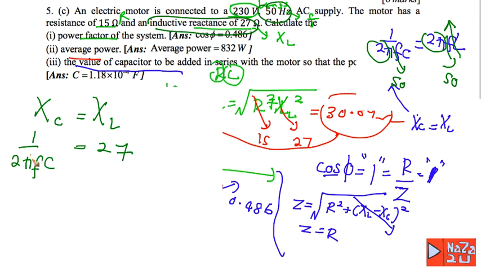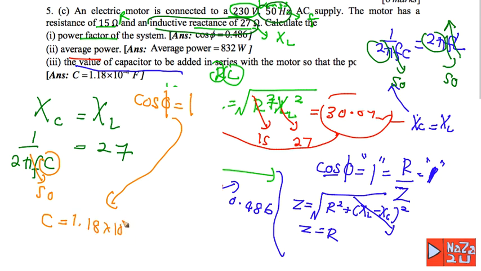Now you can use the frequency of 50 Hz and find the capacitance of the capacitor to be added in series so that the power factor is equal to 1. Using the equation, C is equal to 1.18 times 10 to the power of minus 4 farad. Thank you.